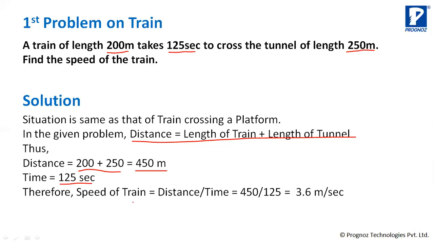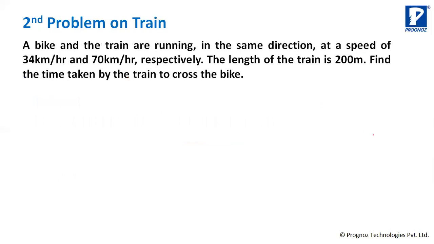So therefore, speed of the train is equal to distance upon time. Remember the classical formula of time, distance, and speed. It is equal to 450 by 125, which is equal to 3.6 meters per second. So the speed of the train is 3.6 meters per second. Hope this is clear.